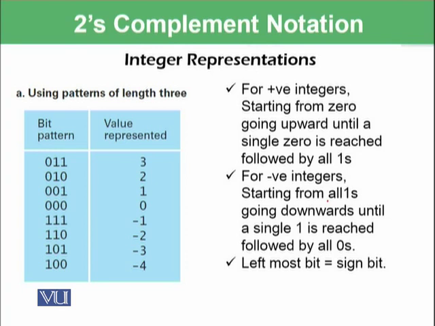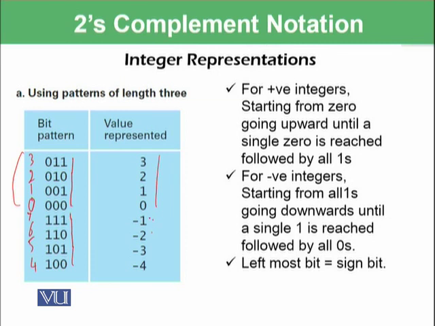You can see we have written the 3-bit patterns for decimal 0, 1, 2, 3, and then 4, 5, 6, and 7. From 0 to 3, these represent positive numbers 0, 1, 2, 3. And from 4 to 7, these represent -4, -3, -2, and -1.